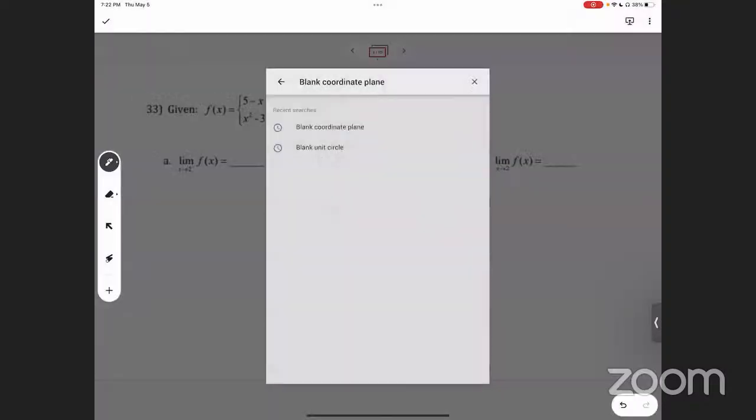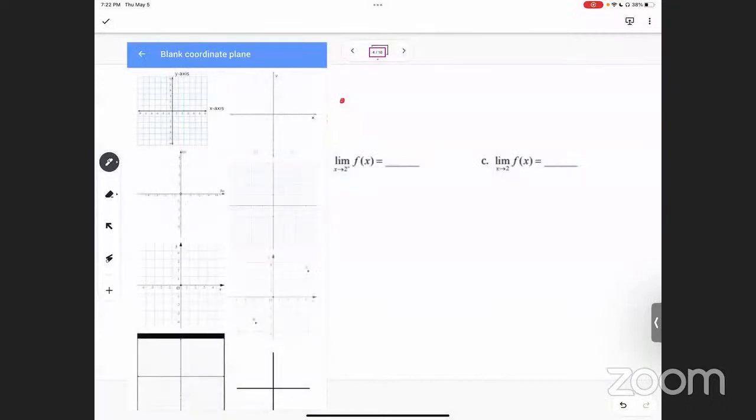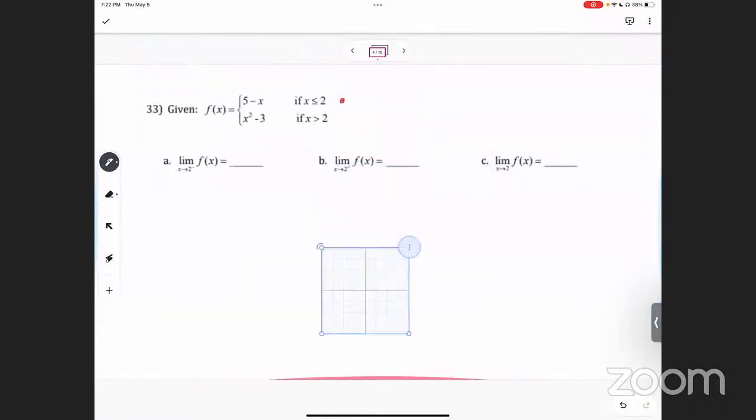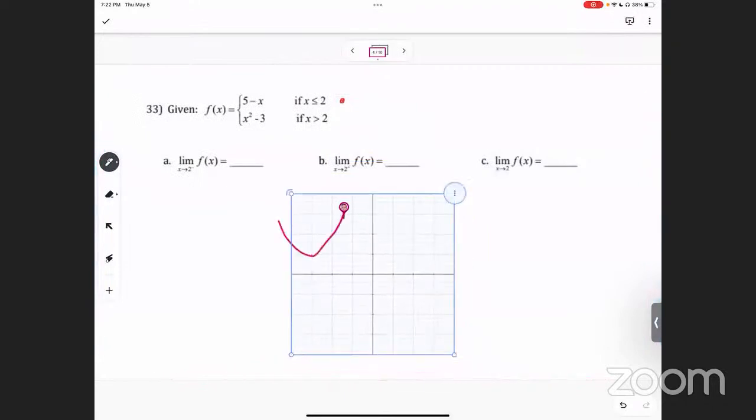You got it. Here, let me grab a blank coordinate plane. And then the second one's a quadratic. Very good. So for this one, I'll do this in red. Where x is less than or equal to 2, so let's start at 2. I'm going to put a point in here. It would be 2 comma what?